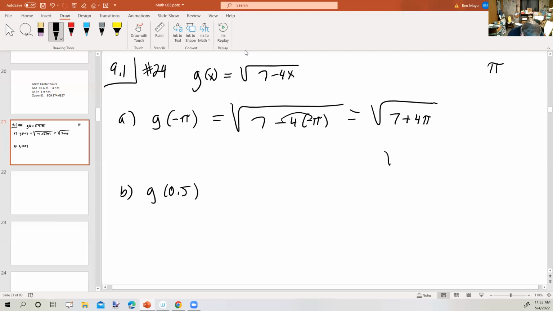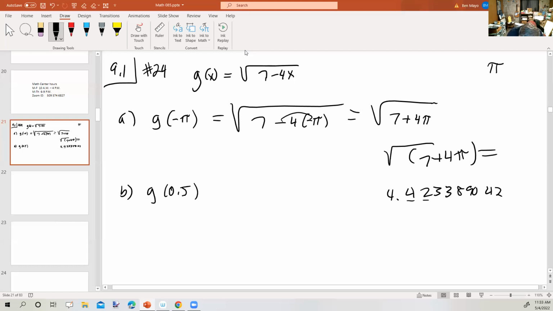So going on my calculator, I'm going to go second square root. So that now I've got this showing up. Then I'm going to put in 7 plus 4 pi. Close it up with a right-hand parenthesis and push equals. And I get 4.423389042. It said to the nearest 10,000th.